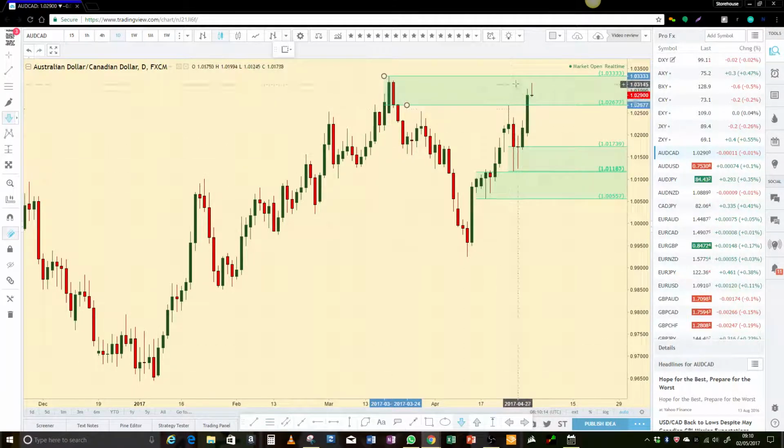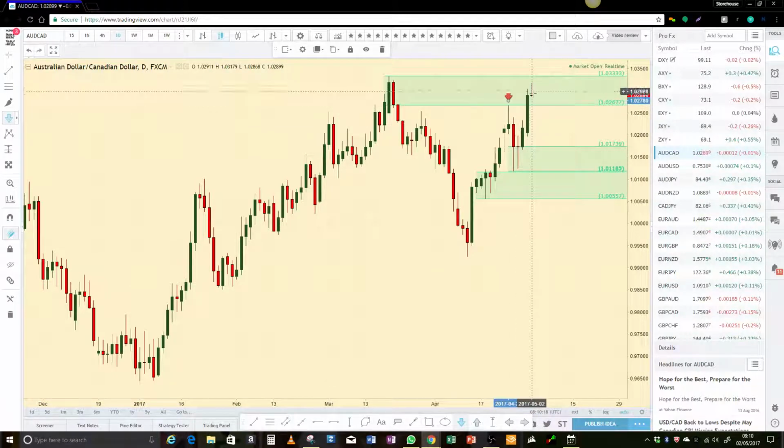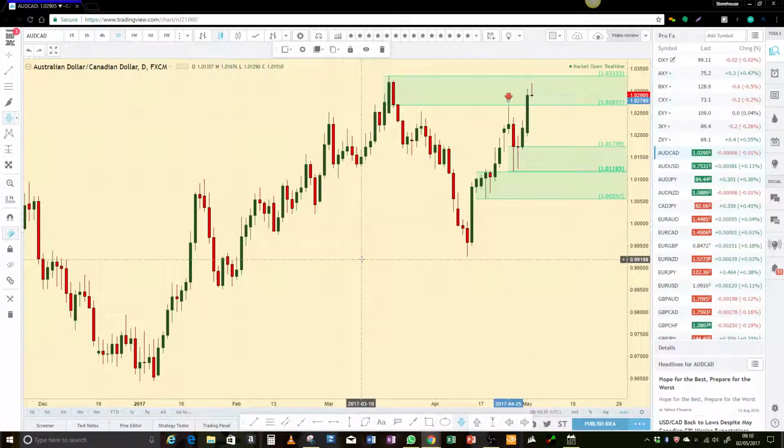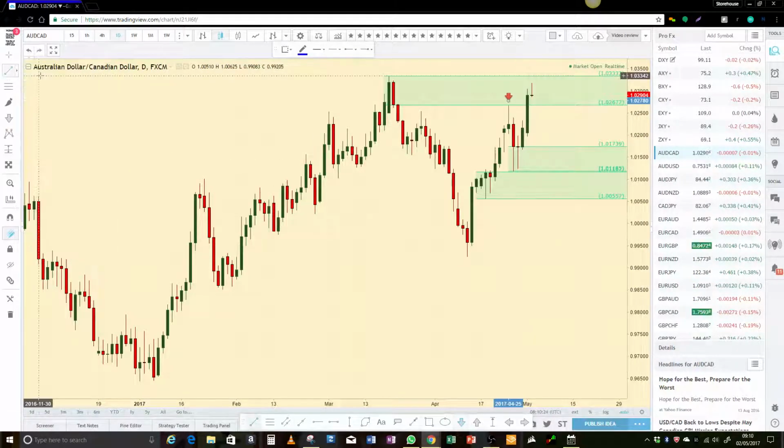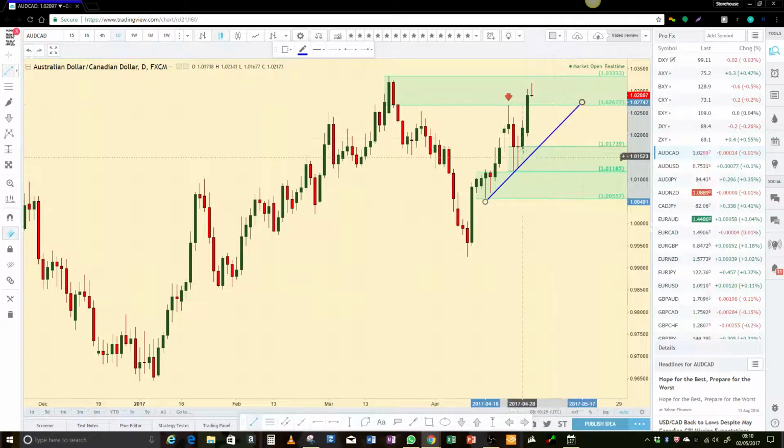You can see we've had an initial test, but it was very, very shallow, and we've gone deeper in. So obviously prices are still in an uptrend, so please be mindful of that as well, and the momentum is also up.